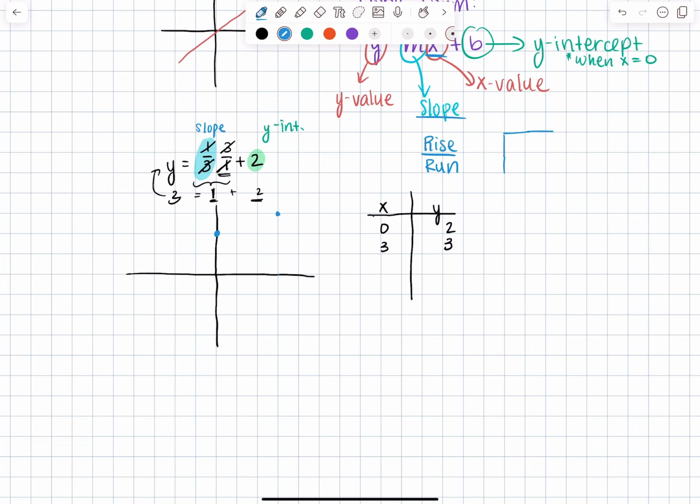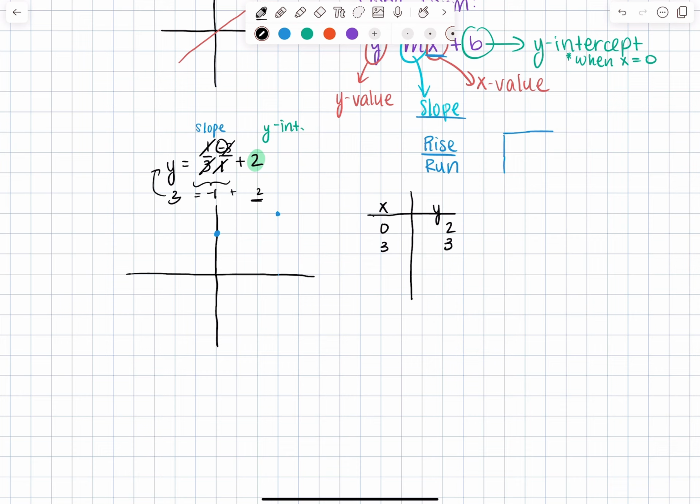Let's pick a negative value, negative 3. Again, that 3 cancels out, but we don't cancel out the negative. That stays, and the 1 cancels out. So this whole thing becomes negative 1.